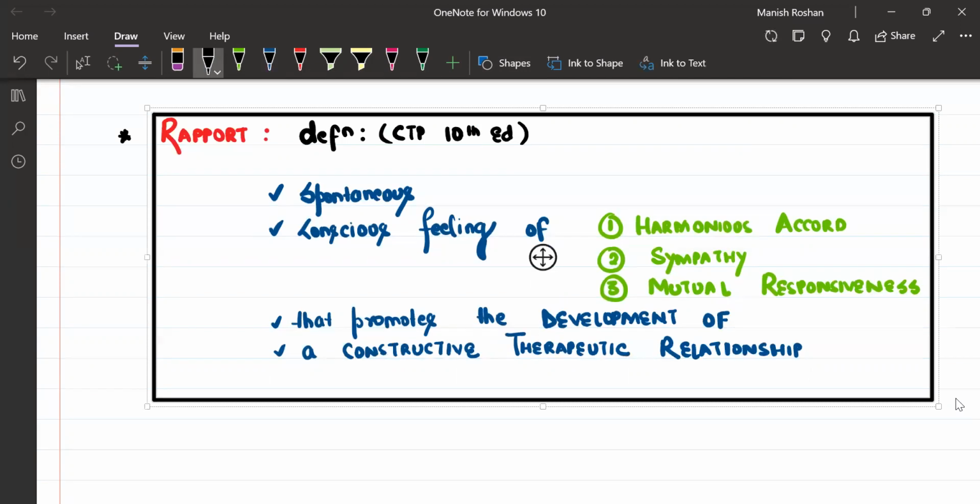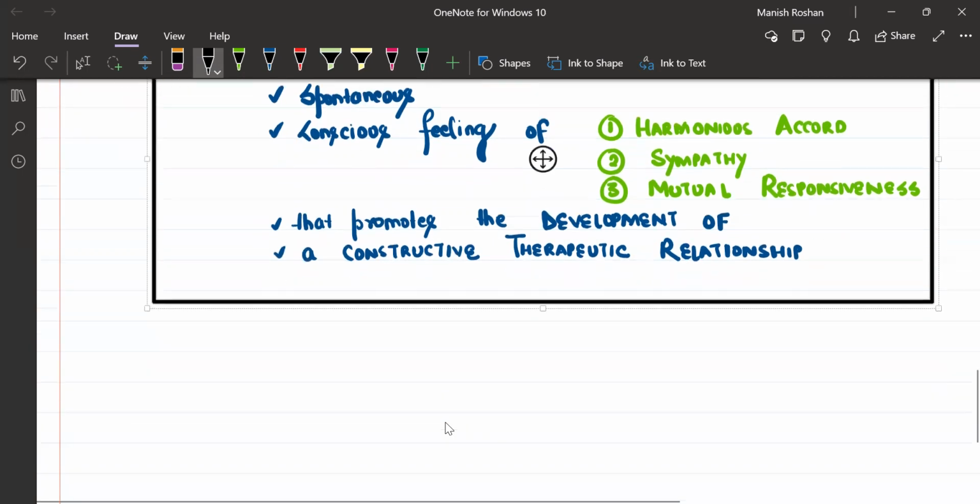That's why you have observed that whenever I am discussing any definition, I break it into a number of important components that are a must whenever you are answering regarding that topic. So in this also, it is a spontaneous, conscious feeling of harmonious accord, sympathy, mutual responsiveness that promotes the development of a constructive therapeutic relationship. So this completes the definition of rapport.